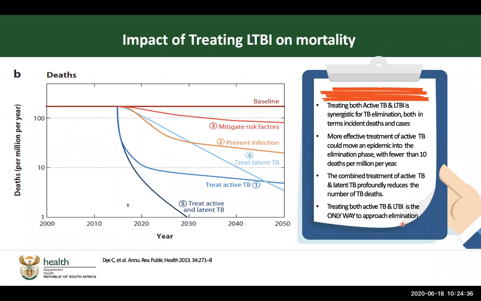And we appreciate that for us to achieve our end TB goals, we have to, in addition to other prevention and control mechanisms, now start to integrate the treatment of both active TB and latent TB.